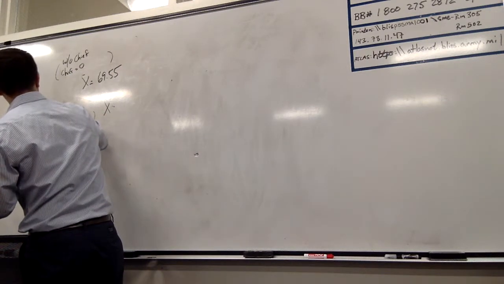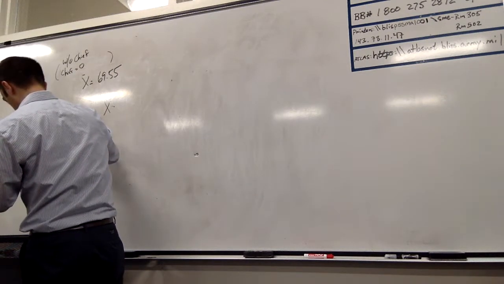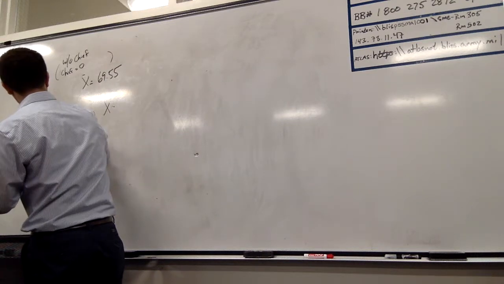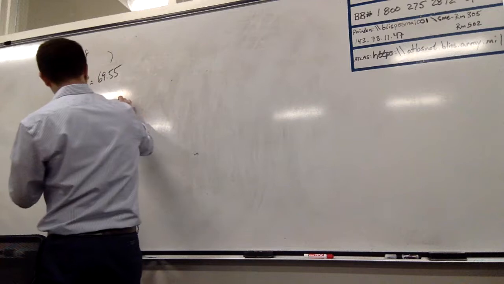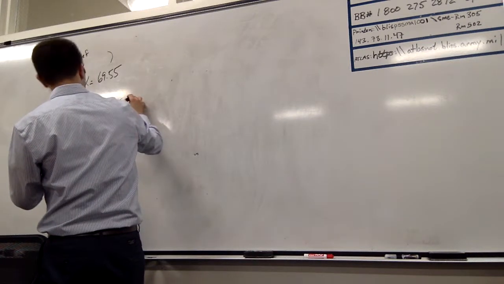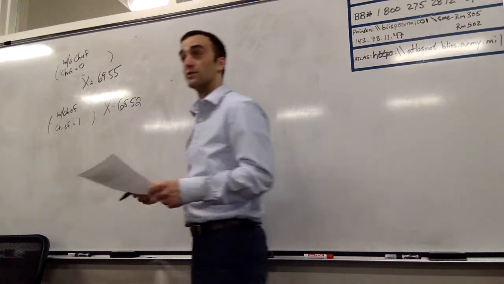When the chief is at the station, so that variable from the code book equals a 1, I got 68.52 seconds is the average turnout time.